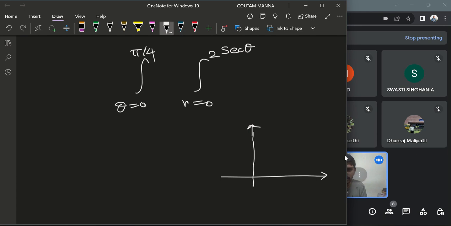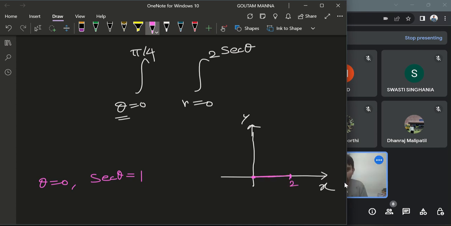This is x, this is y, and r is going from 0 to 2 sec theta. So for theta equals 0, sec theta is 1, so r will move along this line, so it will go from 0 to 2, right?